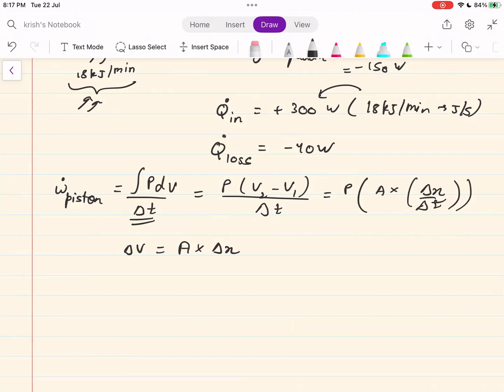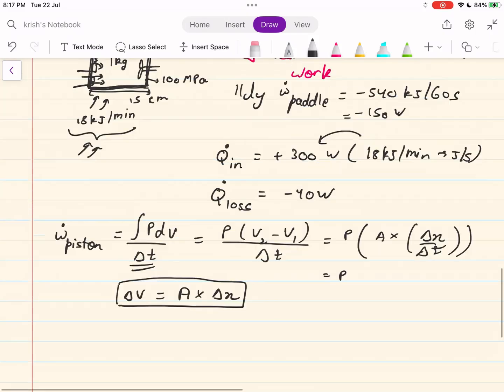If you remember, this is how we did the derivation of the initial P dV work formula. The height by which your piston moves into its area gives us effectively this entire volume, or the change in volume. So we can write delta V to be A into dx, or A into delta x.